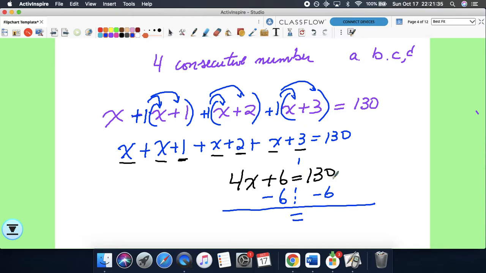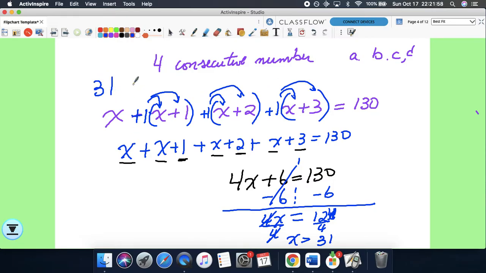From this side, 130 minus 6 is 124. This goes away because 6 minus 6 is just 0. 4x comes down. This is 124. And divide both sides by 4. 4 divided by 4 is 1, leaving me with x, and 124 divided by 4 is 31. So x is 31, which means my first number over here is 31.